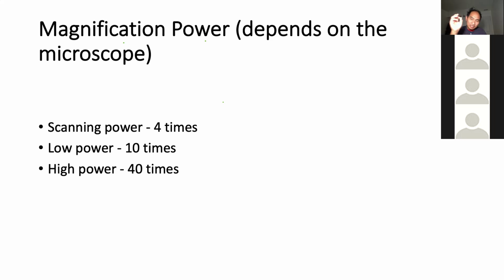Once we see something, we zoom in and use the low power, which is 10 times. So 10 times plus the eyepiece lens of 10 times makes it 100 times bigger. And of course, if we use the high power lens, it will be 400 times magnification. If you want to go more, you can use oil immersion, and you can do that.